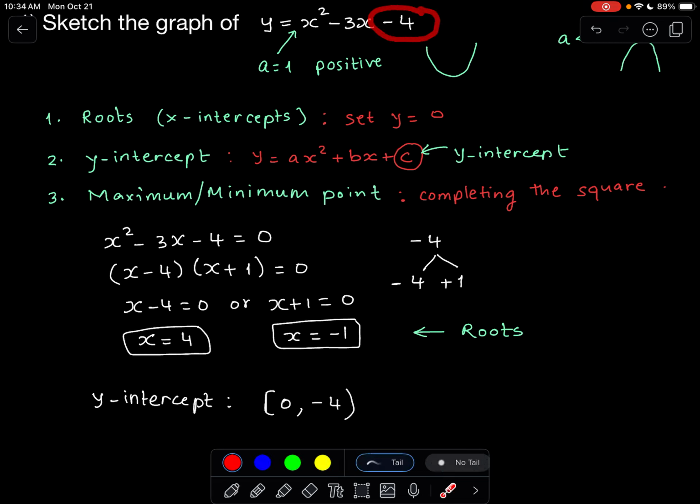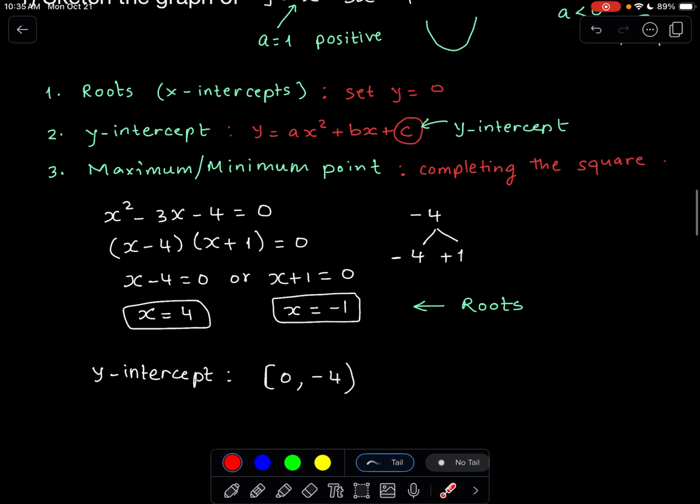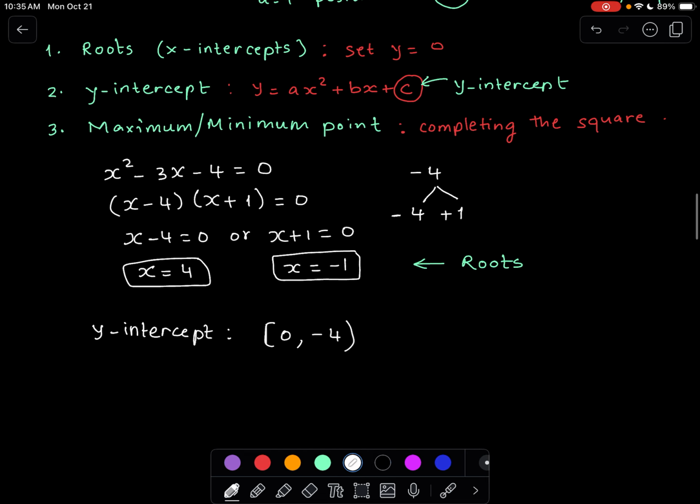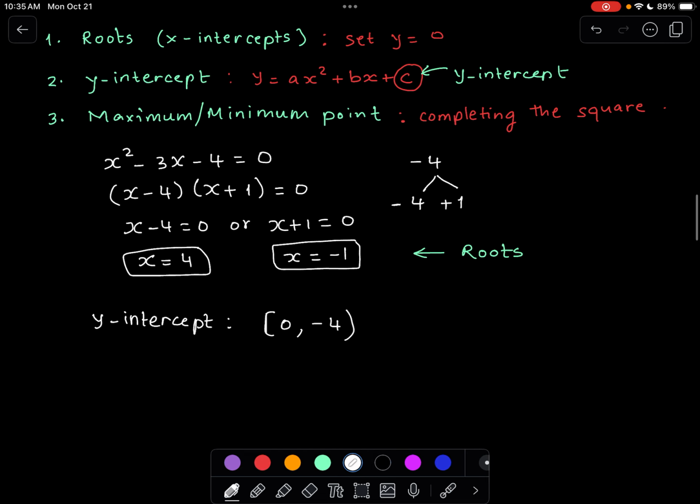This is -4 from the equation, as I said, the value c. So we're done with the y-intercept. Now let's go to completing the square.